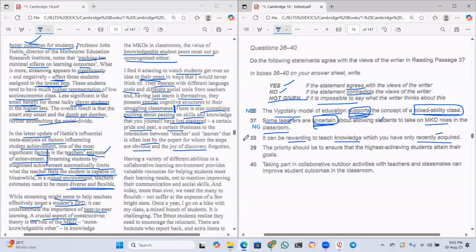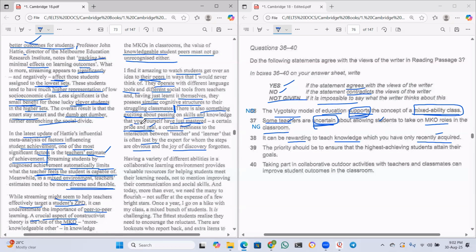A certain pride and zeal. What is the reward? A certain pride and zeal, a certain freshness to the interaction between teacher and learner. Yes, that is the reward. It can be rewarding to teach knowledge which you have only recently acquired. Yes, it means you yourself have just mastered. That is the synonym here. That's how they paraphrase, guys.